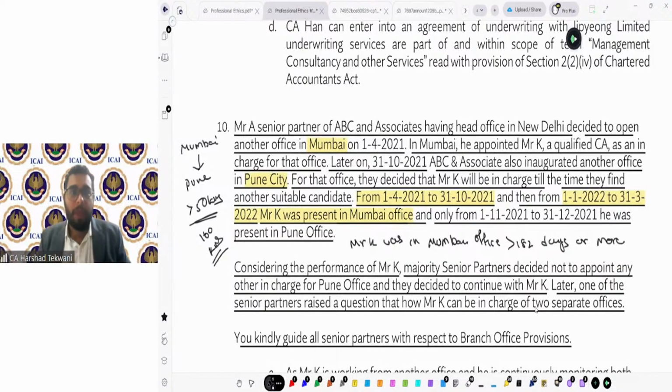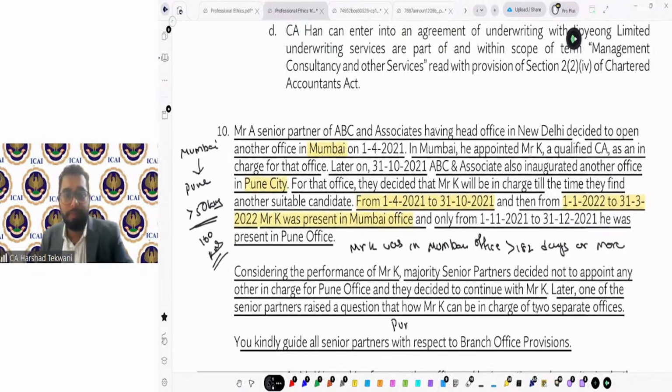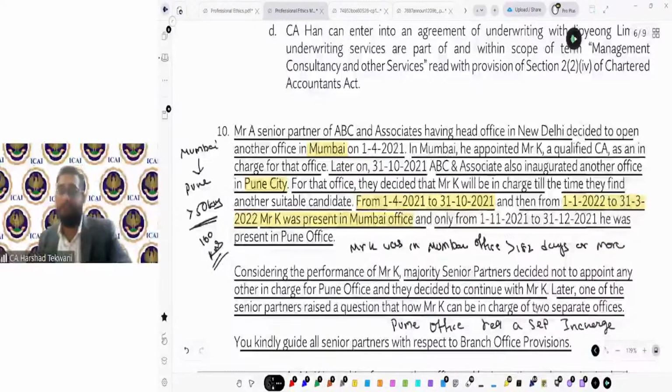That is the logic. So it can be said that Mr. K was actively associated with the Mumbai office, but not with the Pune office, and the Pune office requires a separate in charge who is a member of the institute.